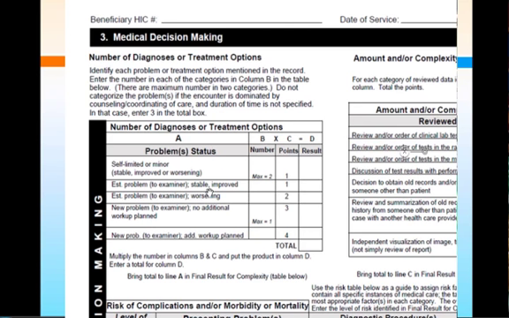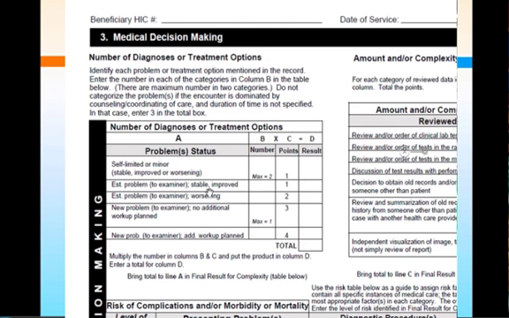You alternately have to consider if the problem is self-limited or minor. So here we have our self-limited or minor category, and then after that we've got the established problem, new problem, or new problem. Don't skip down and look at these until you find out if you're ruling out the self-limited or minor, because if you're self-limited or minor, the established versus new doesn't end up applying.